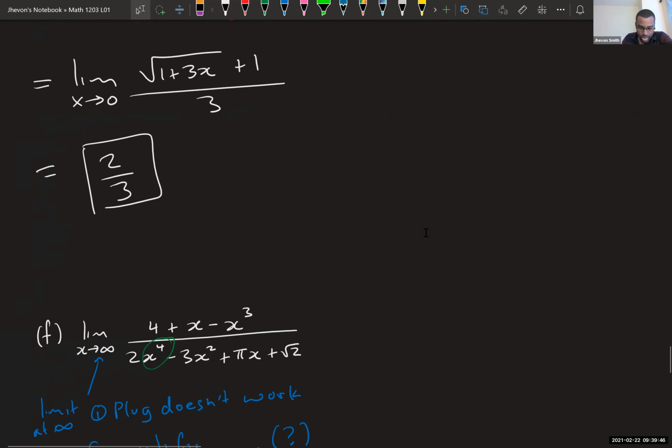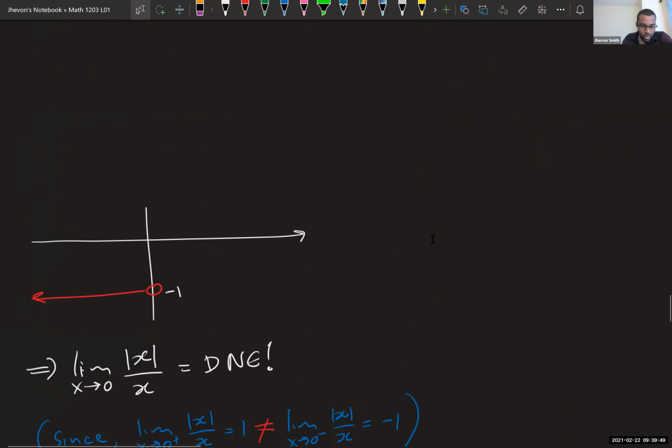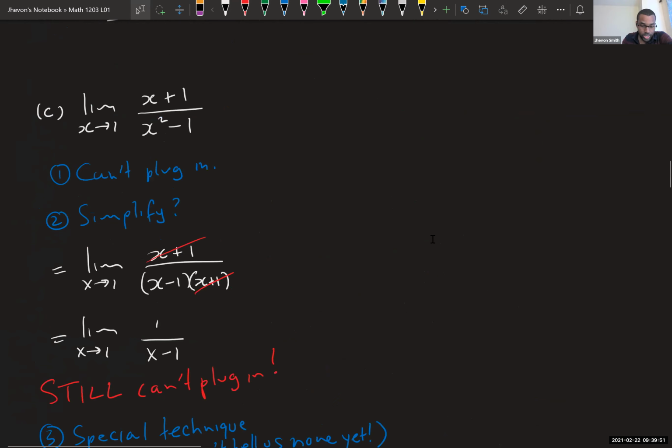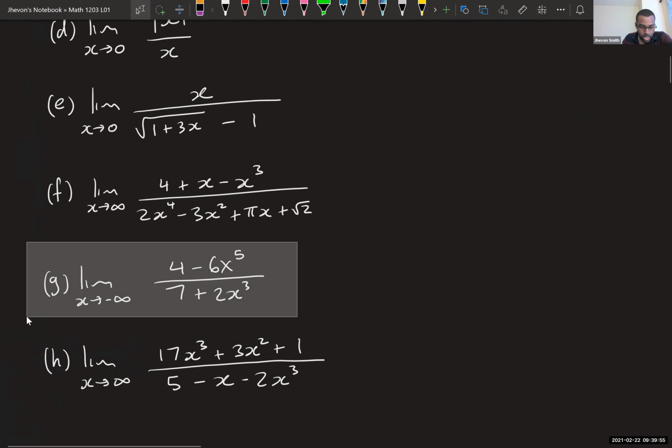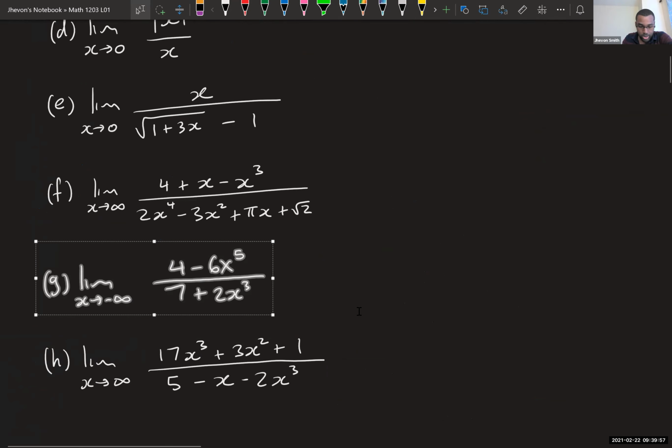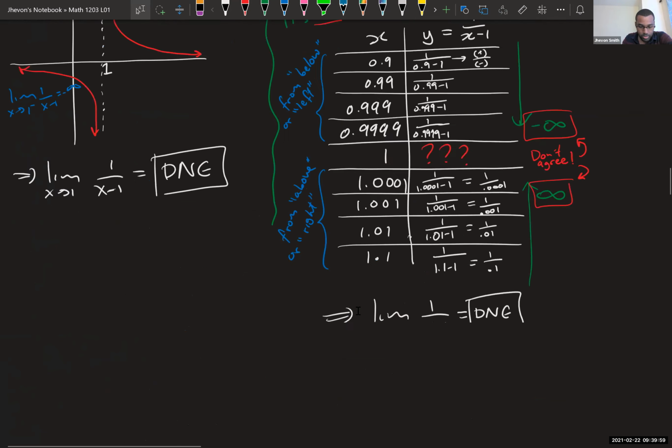But of course, I'm actually going to give you a better way because efficiency, right? Let's actually look at this one. Turns out it's a very similar scenario as with f. So here's another one.